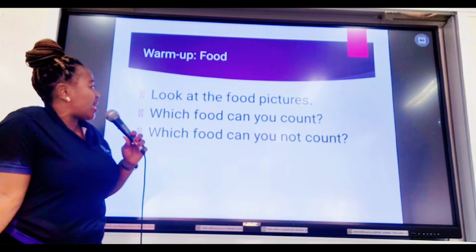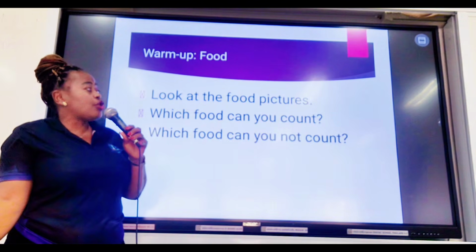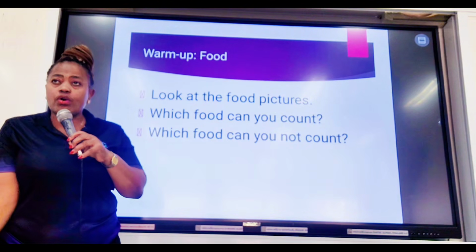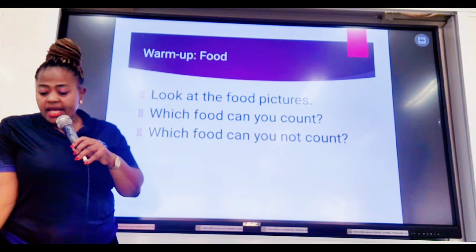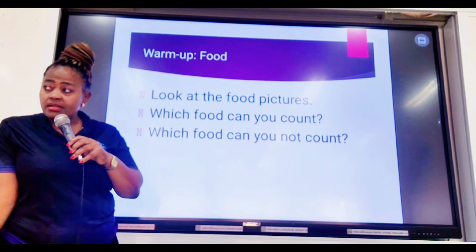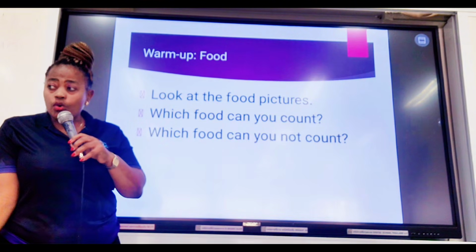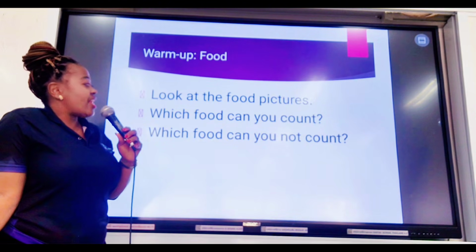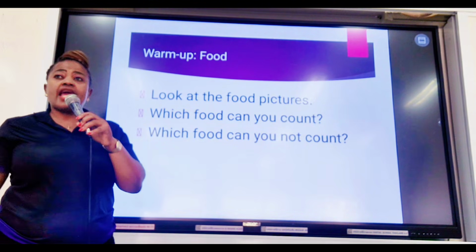The first question is, which food can you count? We have different kinds of food here. Which one can you count? Is there any food that we can count? No. Okay. And which ones can you not count?